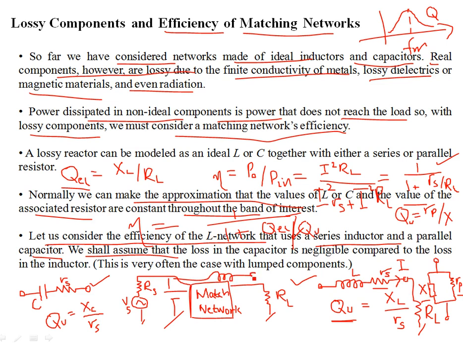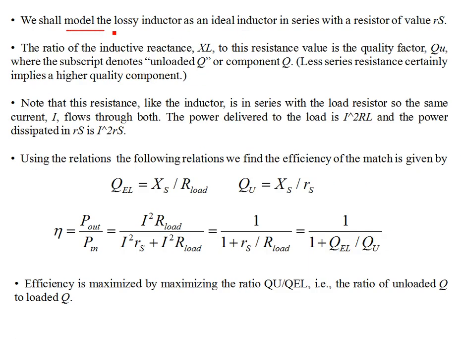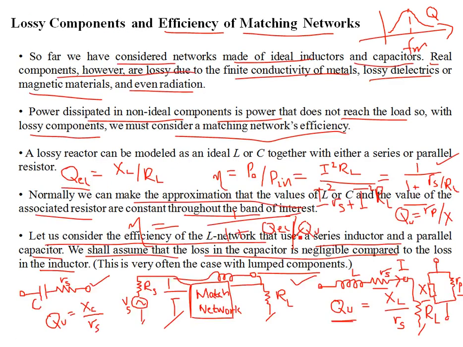This replaces the matching network; this is basically the matching network, and then you have the RL. We shall assume that the loss in the capacitor is negligible compared to the loss of the inductor, which is the case in lumped components. The dielectric loss is not much compared to the loss in the inductors. So we shall model the lossy inductor as an ideal inductor in series with the resistor RS, just like over here.